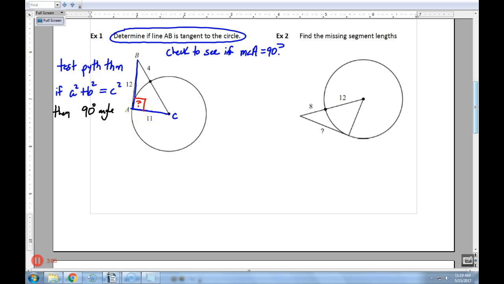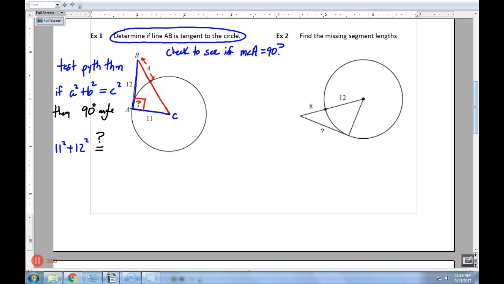My two legs are 11 and 12, so I have 11 squared plus 12 squared. And now I'm asking, is that equal to this line squared? I have a little work to do because I don't know how long that line is. I know how far 4 is, but 4 only goes from here to here.